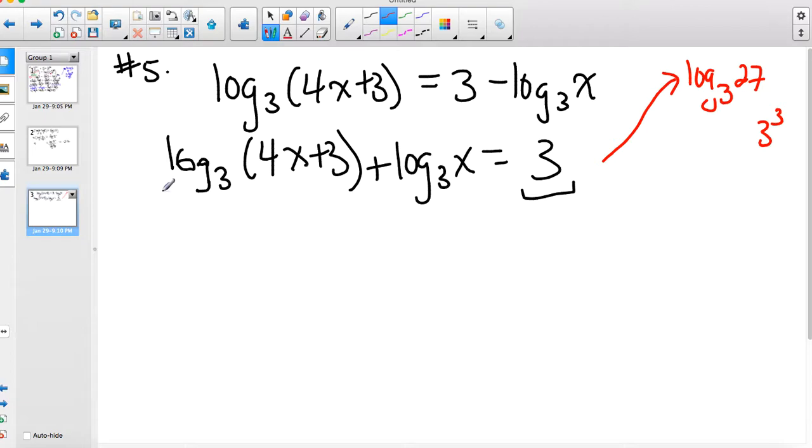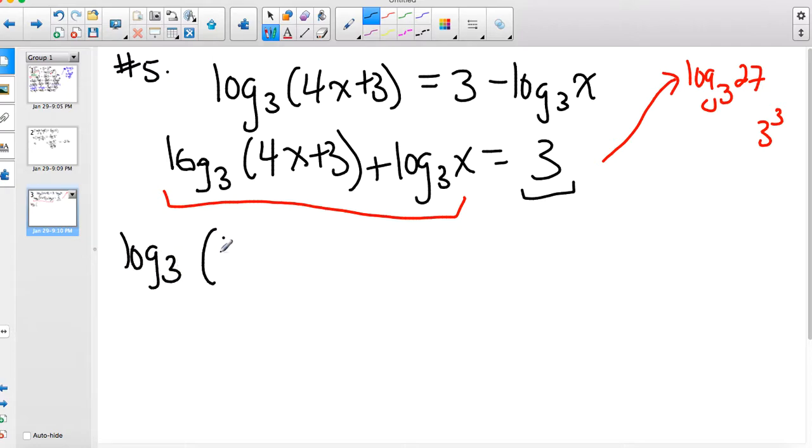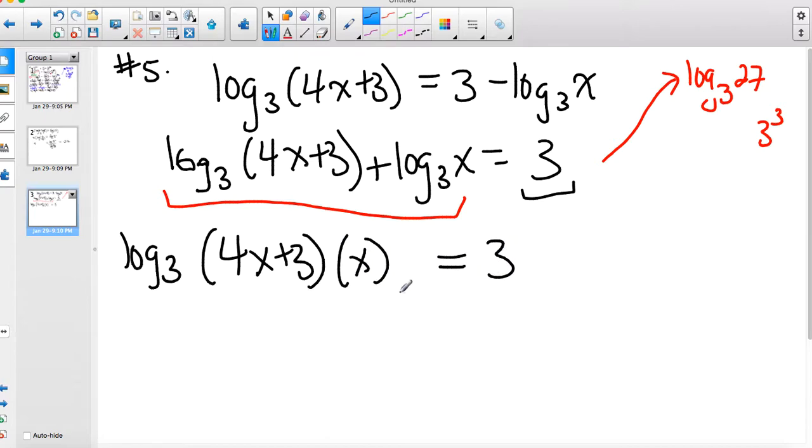First, I put this as one property. So I write log base 3 of (4x + 3) times x equals 3. And then I do rewrite. So when I say rewrite, I recognize that this is a base, this is an exponent, and this is an answer.